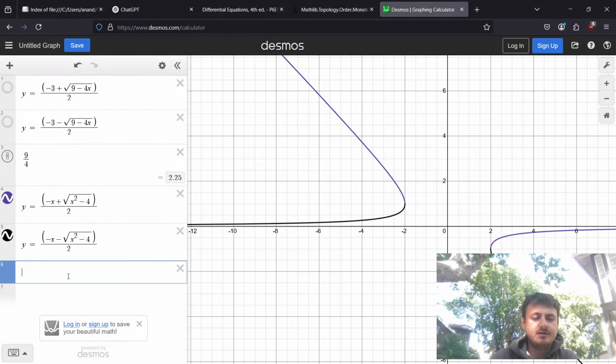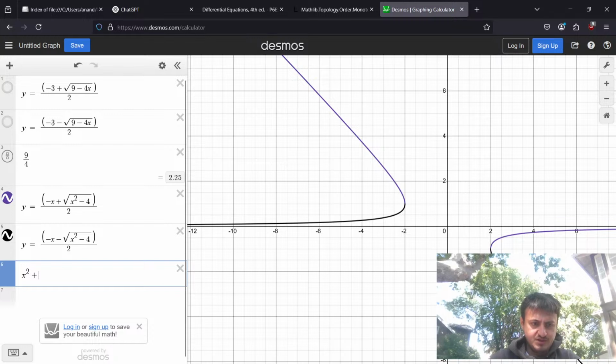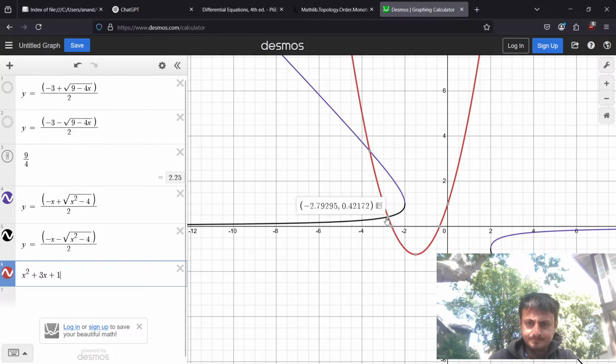So if we were to just plot x squared plus 3x plus 1, see, this is going to be a sink because it's going from positive to negative, which means that the f prime should be negative here, but I did something wrong.